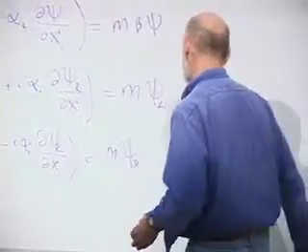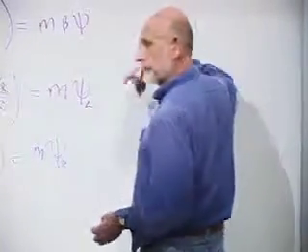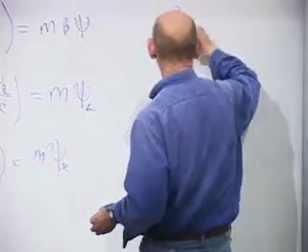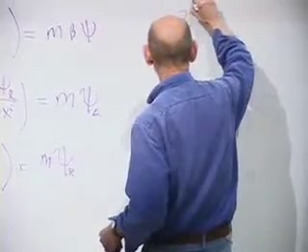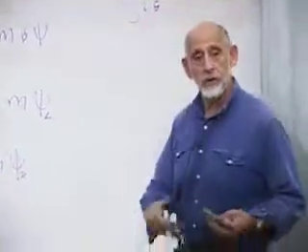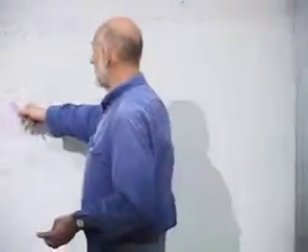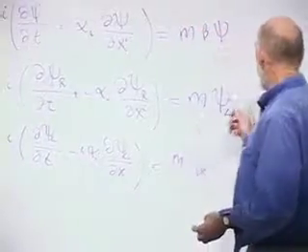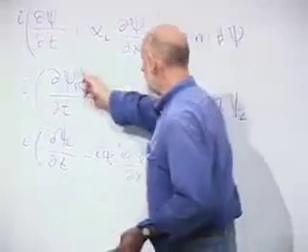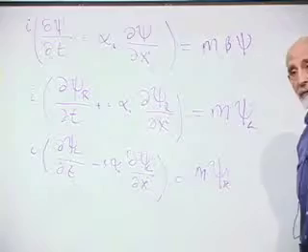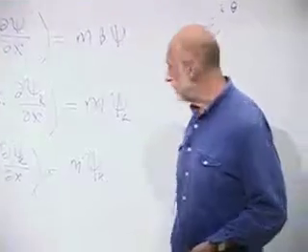Another way to say it is to remember that a charged field, if a field has charge, it gets multiplied under a gauge transformation or under one of these U1 transformations. It gets multiplied by e to the I theta. If it has no charge, it does not get multiplied by e to the I theta. Now we look at this equation. This equation, if the right-handed field is neutral, has no charge, then under a U1 transformation, nothing would happen to the left-hand side, but the right-hand side would pick up a factor of e to the I theta.